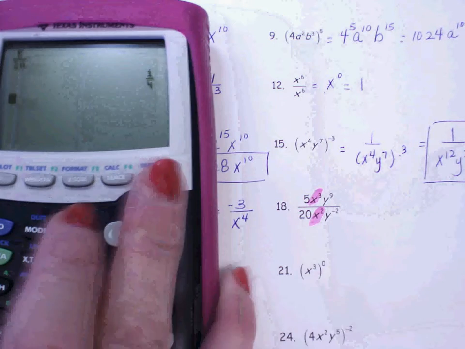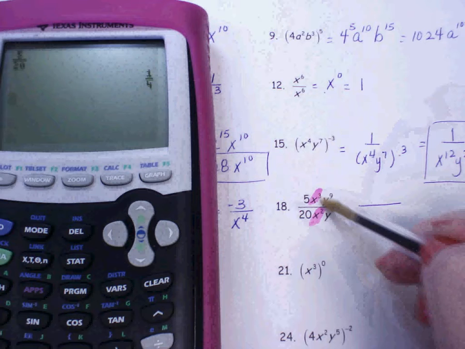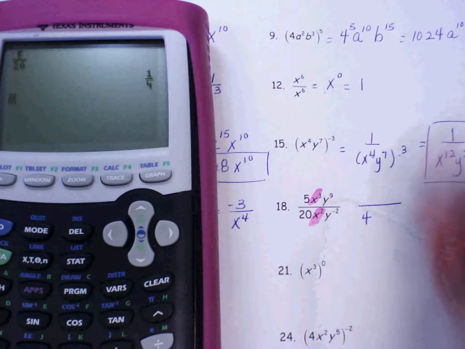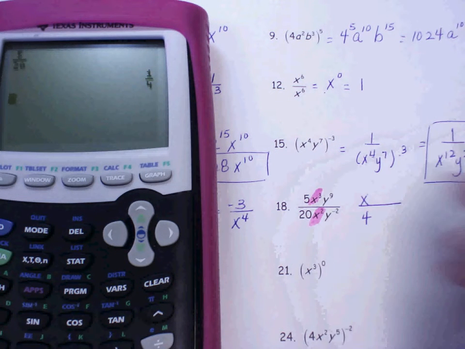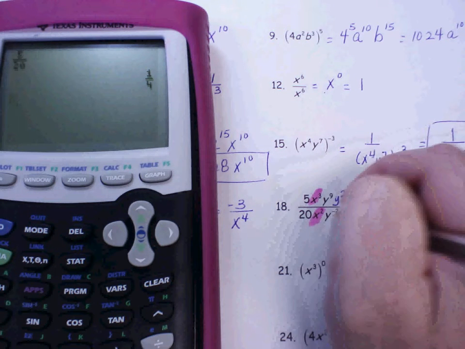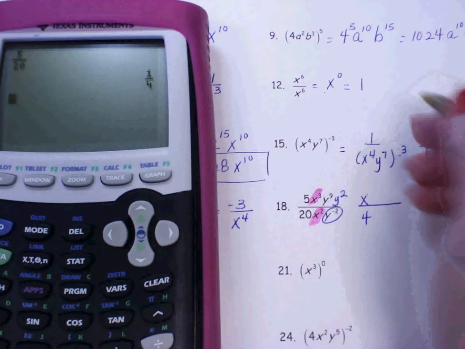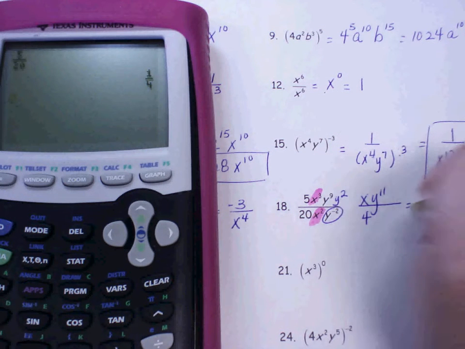But I really don't have to write that 1 at the top. All right, so I do know that I have a 4 at the bottom. Subtract, right? So 3 minus 2 would be 1. What do I have to do with that one? Move it to the top. And then 9 and 2?